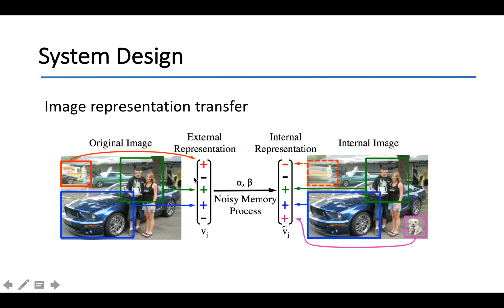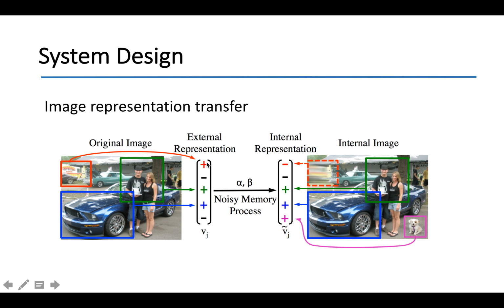Okay, so next is the system implementation part. First, I want to talk about image representation transfer. The left image here is the original image captured by the observer, while the right one is the internal representation of the image in memory after noise processing.